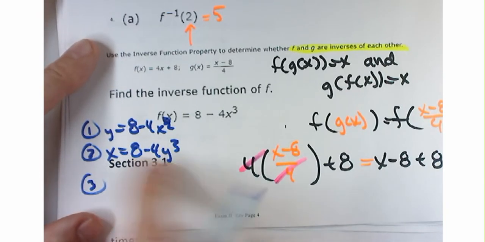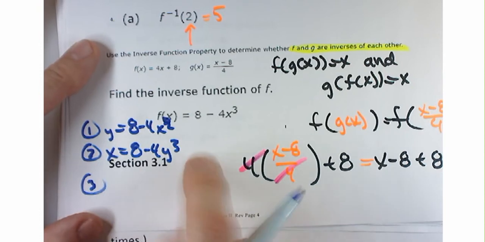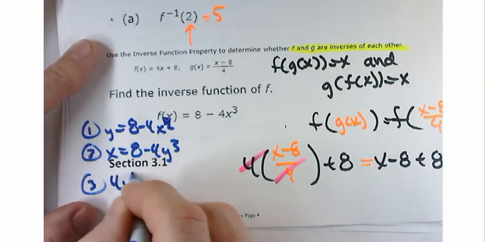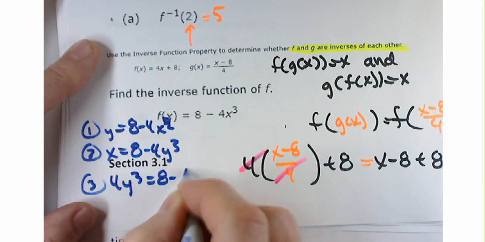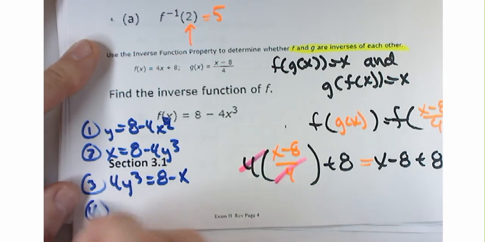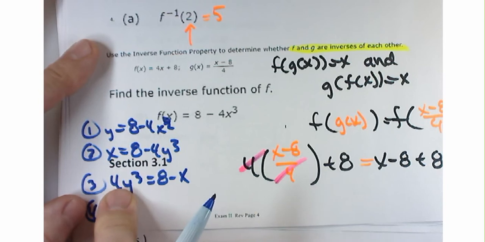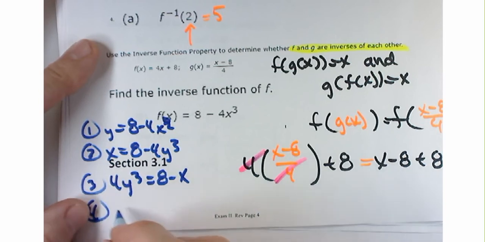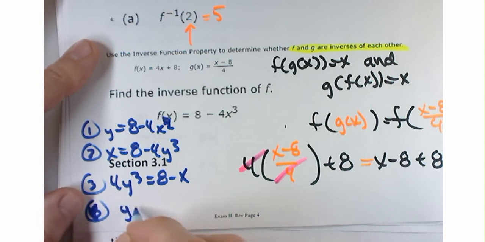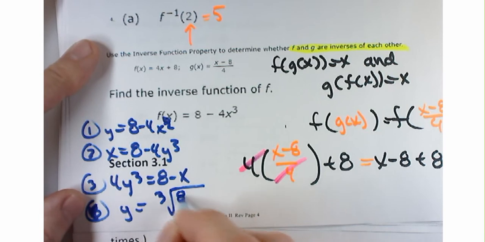So I'll move this to the other side and this to that side because I want to get the y by itself. 4y cubed equals 8 minus x. And then to finish solving, I'm going to divide by 4 and take the cube root. So this is kind of still step 3 here. y equals the cube root of (8 minus x) over 4.